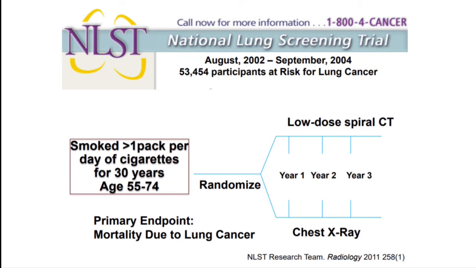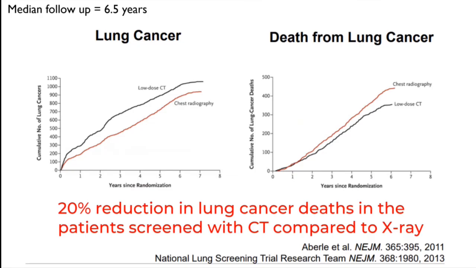This study randomized these people either to receiving low-dose CT scans, as I mentioned, or traditional chest X-ray, and looked at the endpoint, which is death from lung cancer, and followed them with a median of about 6 years. Ultimately, what you can see here is that in the patients who underwent screening with a CT scan, there was a higher incidence of diagnosis compared to chest X-rays.